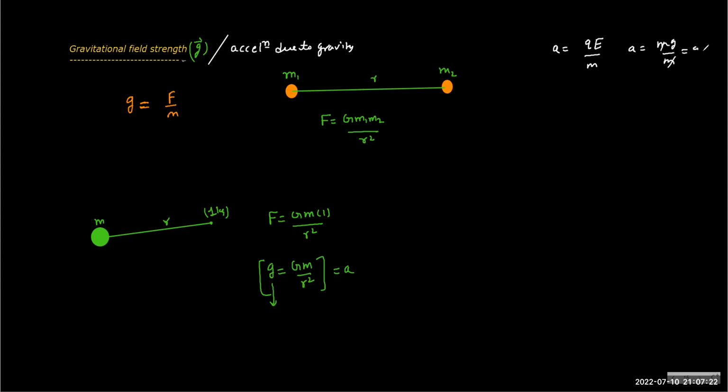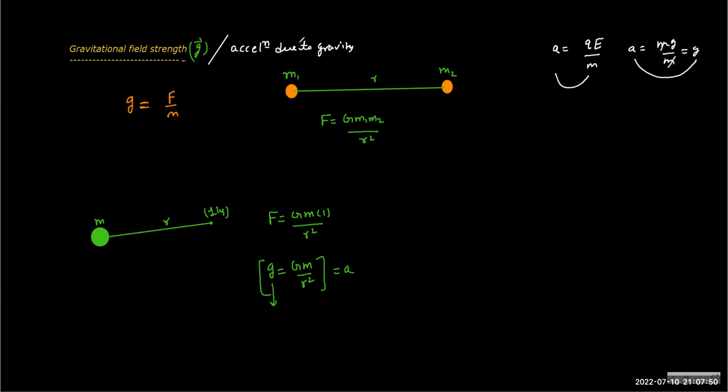That's why a and g are the same in gravitation, whereas in electrostatics the acceleration is different from the field strength. So that's a coincidence. In gravitation, you can understand it both ways, and both are correct. The acceleration due to gravity is actually the gravitational field strength. Is this clear?